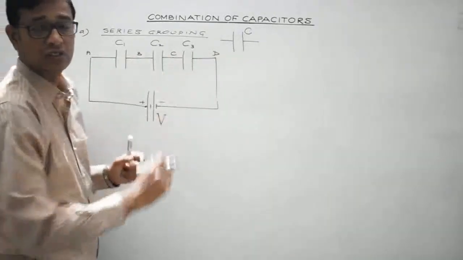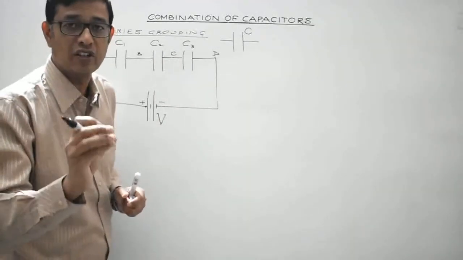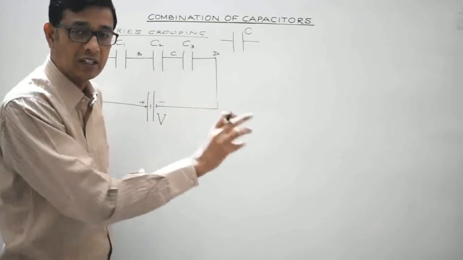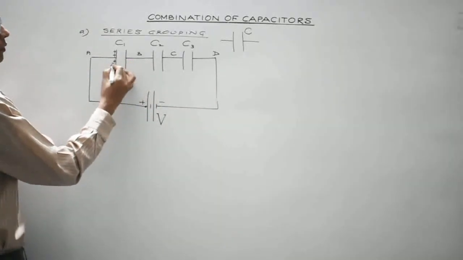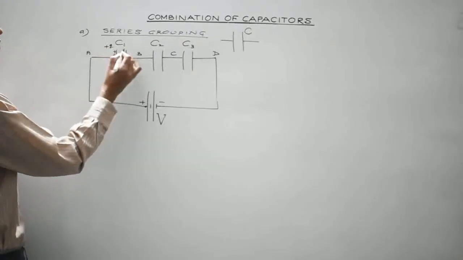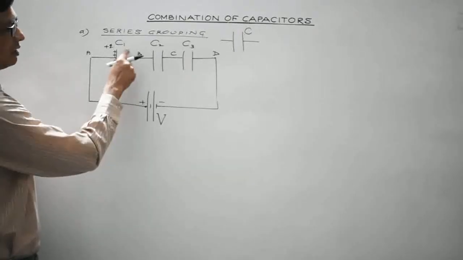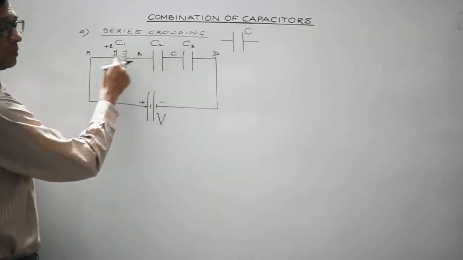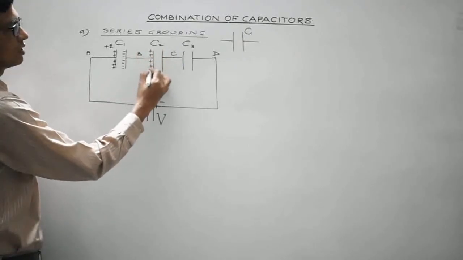So the charge across the plates of each of the capacitors would be constant, and that's the mandatory condition for the capacitors to be connected in series, right? Suppose plus Q charge is over here. So negative charge will be produced on the inner face of the other plate. Here the positive charge will get neutralized by the electrons coming from here, so it will acquire the equal positive charge.